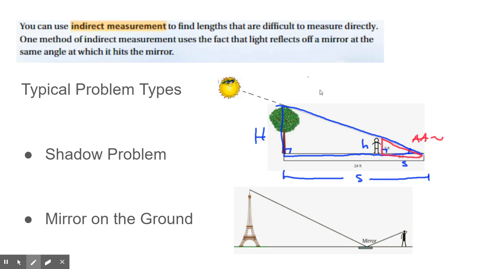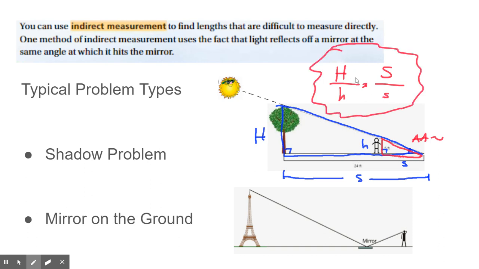Therefore, our proportion can be the height of the tree over the height of the person should equal the shadow of the tree over the shadow of the person. Something like that, where you're putting corresponding lengths in the same ratios. This is the proportion we'll use to solve this problem.